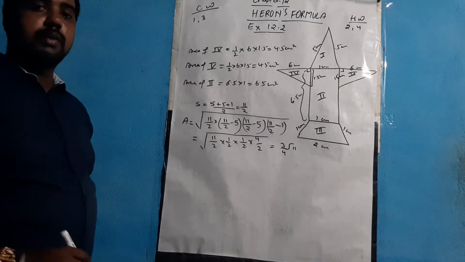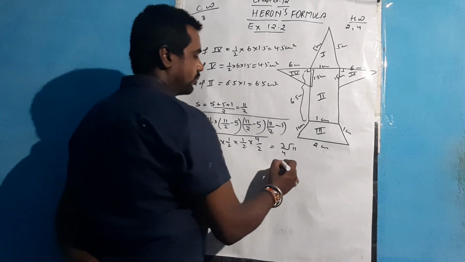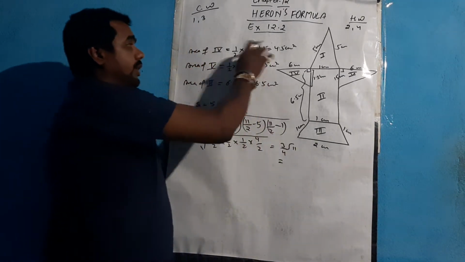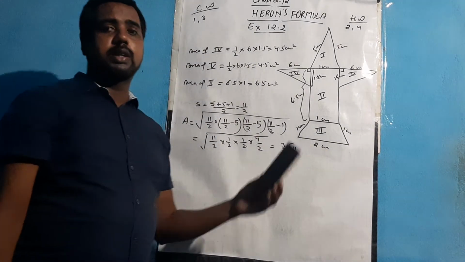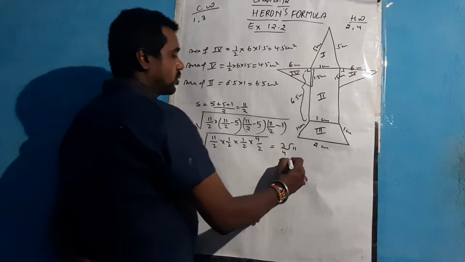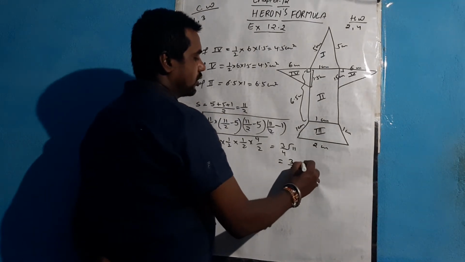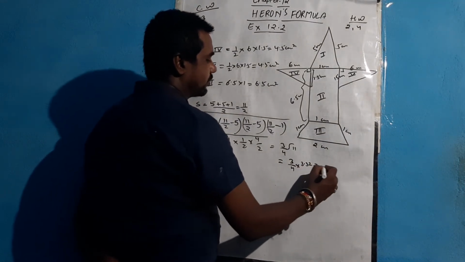As value of root 11 is 3.32. Because the rest of the values are coming in decimal, if you won't calculate the value of root 11, we cannot get the area of this figure. So in that case, we need to find that, which becomes 3.32.